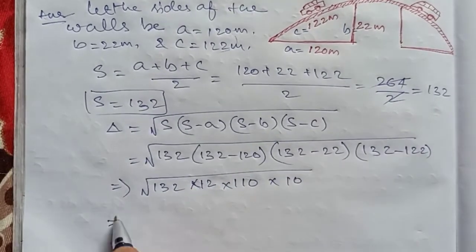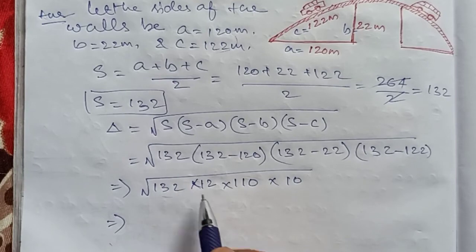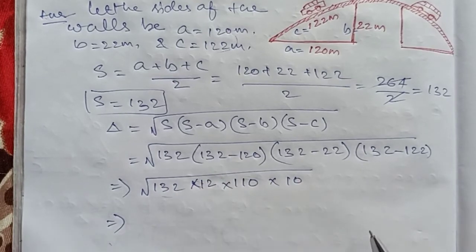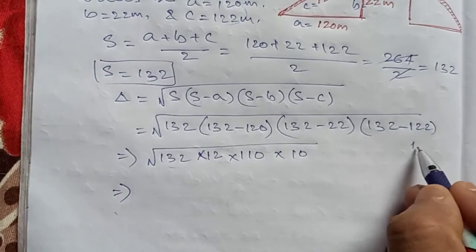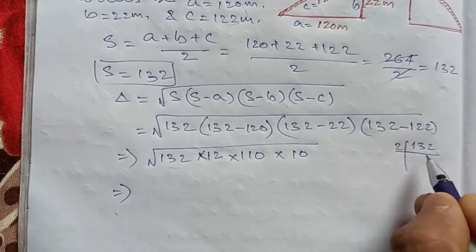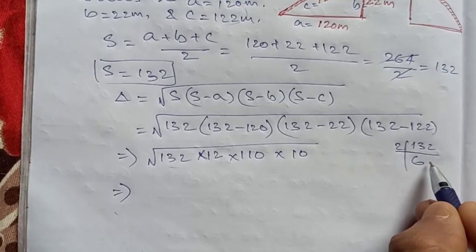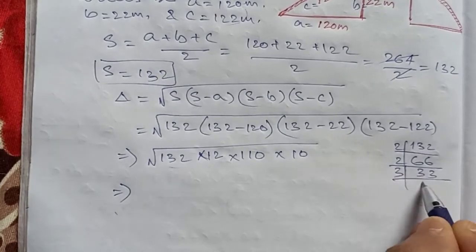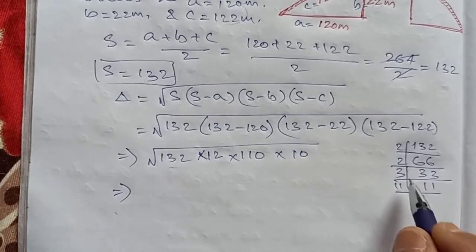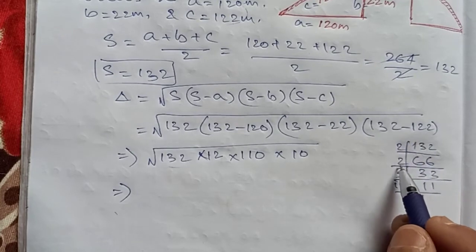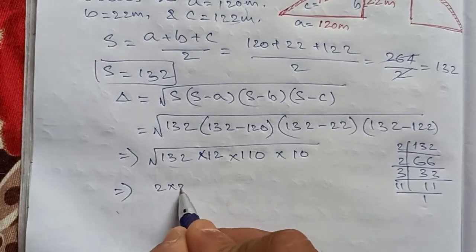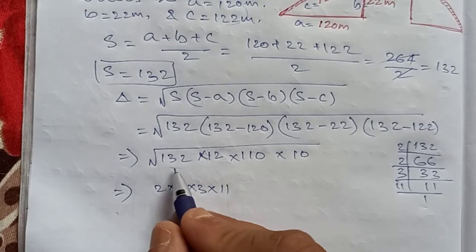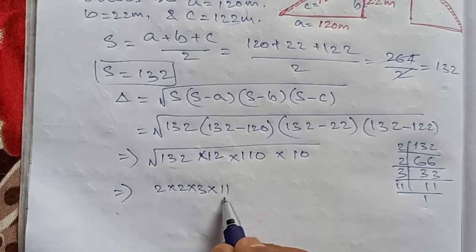Okay, so find out the prime factors of these numbers, then you find out the square root. The factors of 132 are 2, 2, 3, 11. In place of 132 I wrote 2 into 2 into 3 into 11.